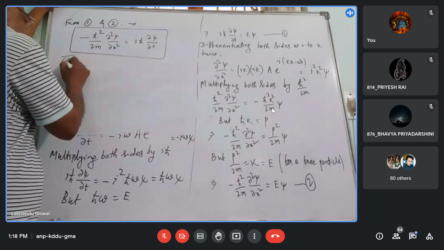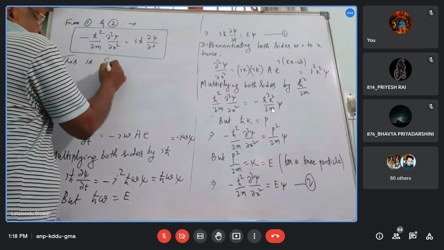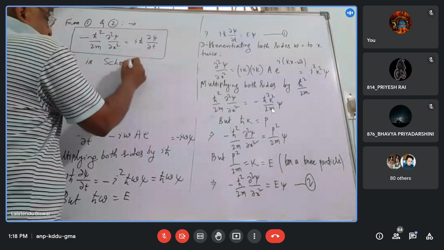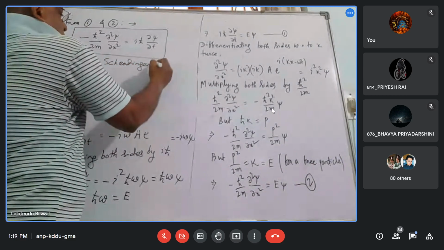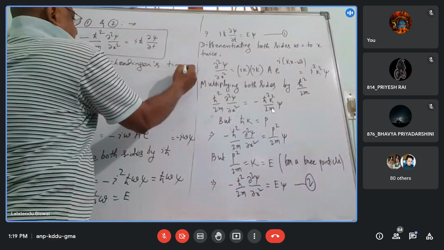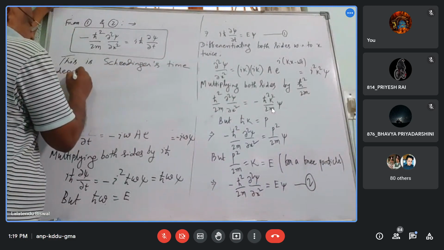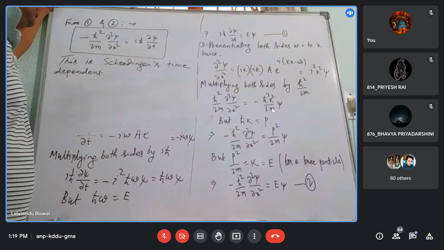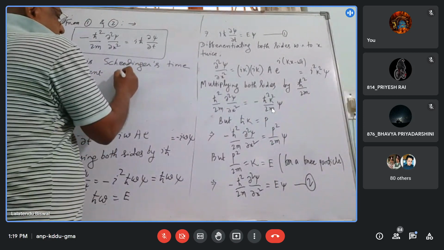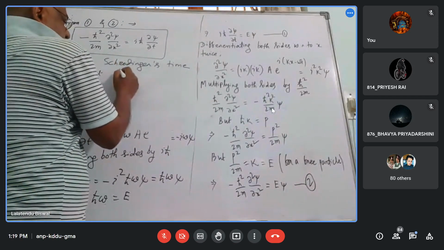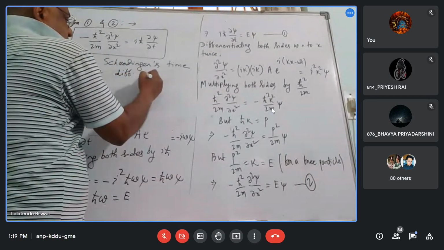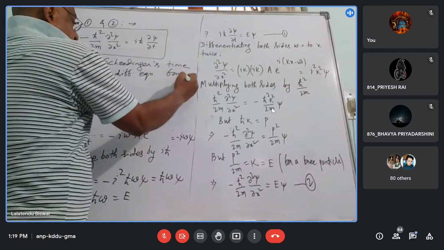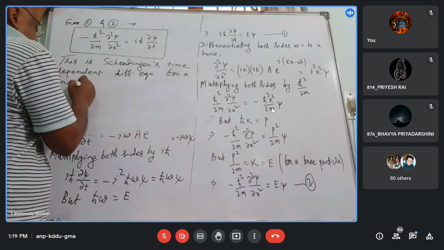This is called Schrodinger's time dependent differential equation. Why time dependent? Because the differential equation contains time within it.